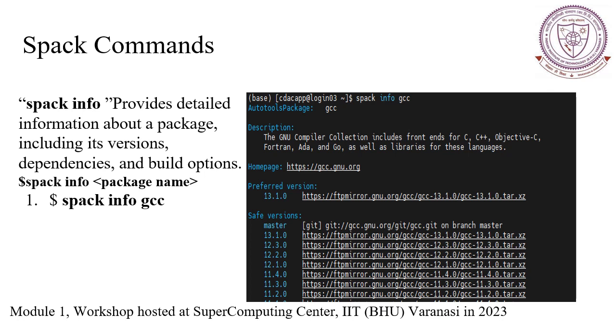To use the Spack info command, simply type Spack info followed by the name of the package that you want to get information about. For example, to get information about the GCC compiler, you would use the command Spack info GCC. This would output a detailed list of information about the GCC compiler, including its version, dependencies, build options, and description of the available space.